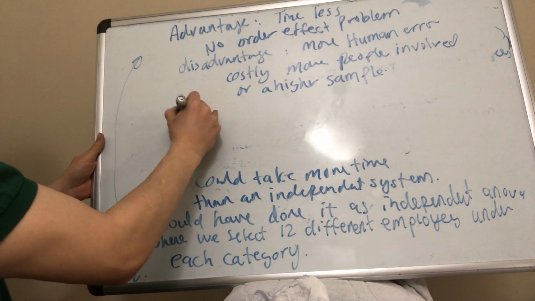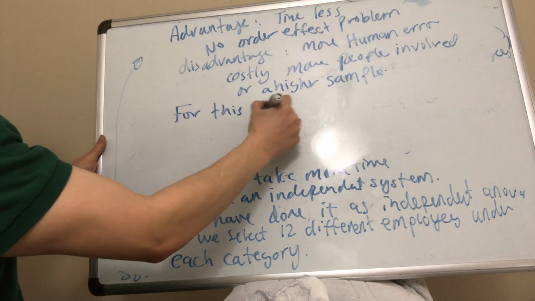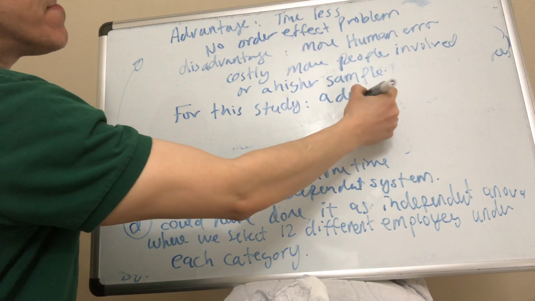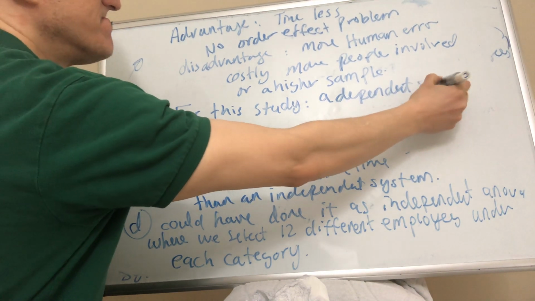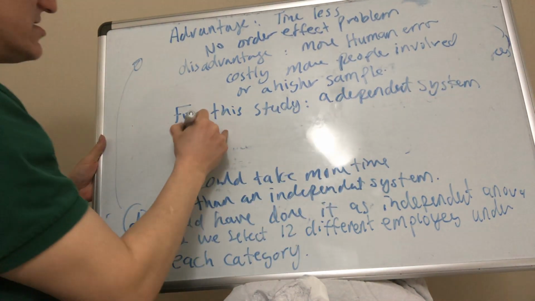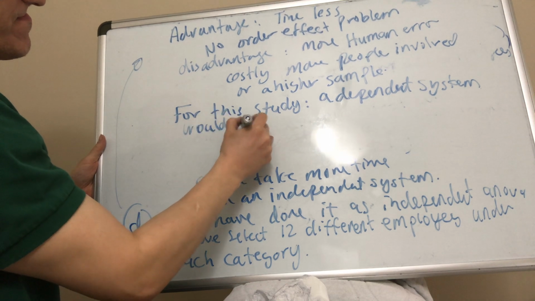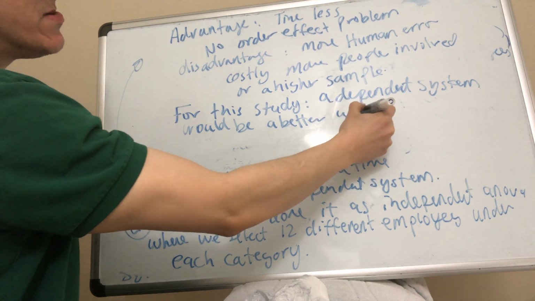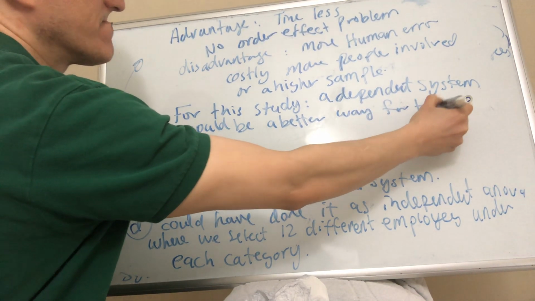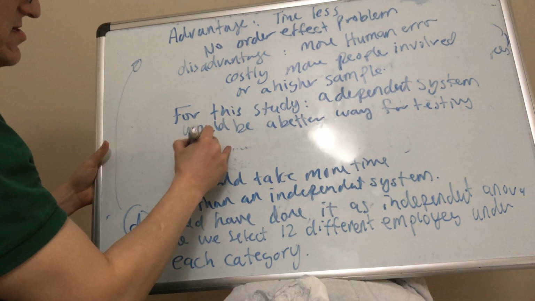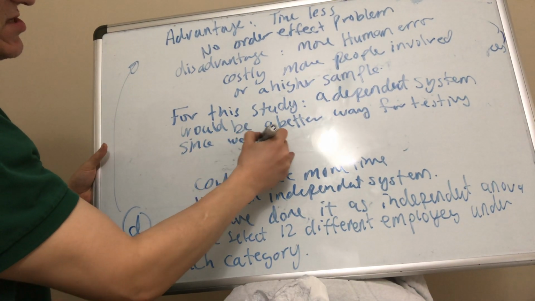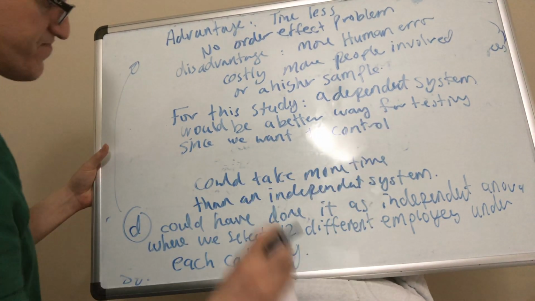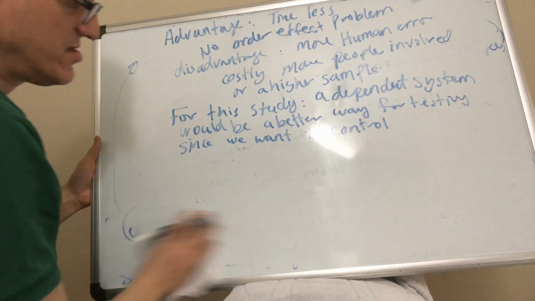For this study, a dependent system would be a better way for testing, since we want to control human error.